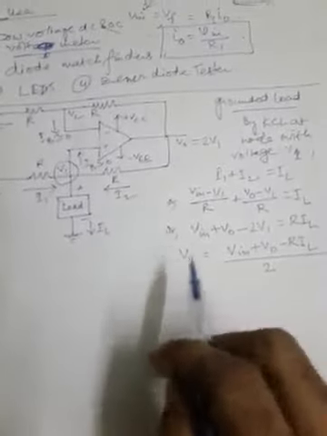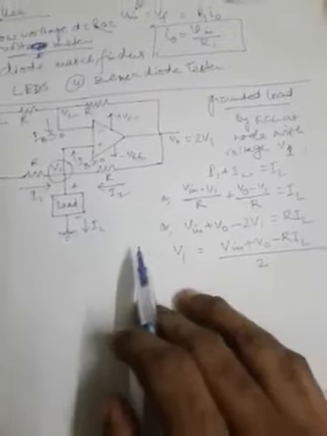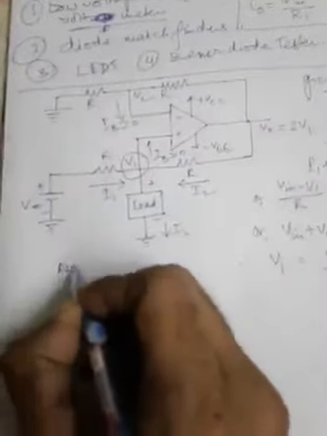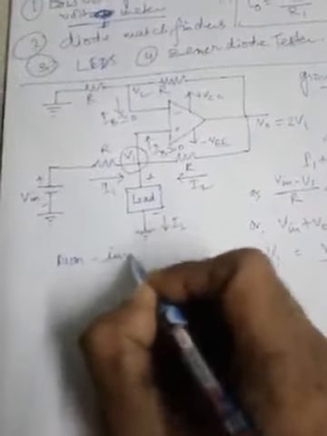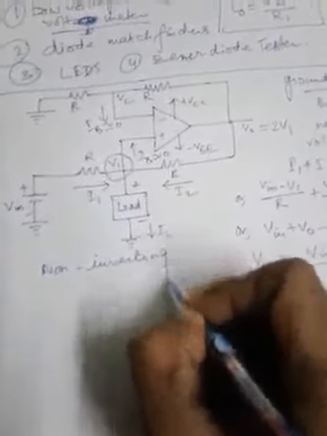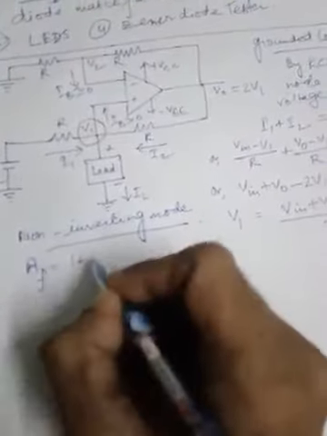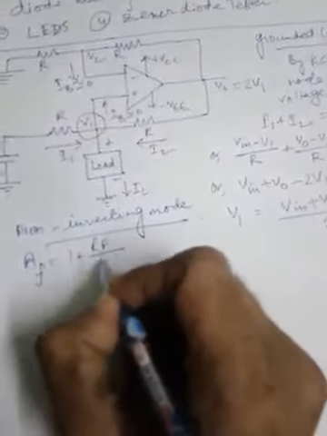Since the op-amp is working in non-inverting mode, with the input connected to the non-inverting terminal, the gain for non-inverting operation is 1 plus RF by R1.